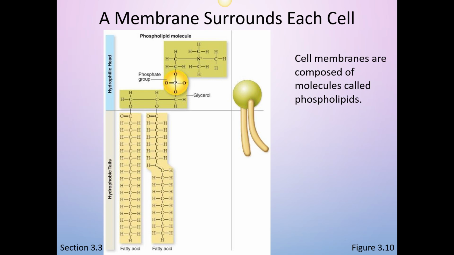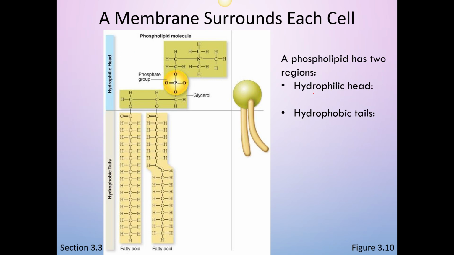So just a review of what the phospholipid is from last week's lecture. A phospholipid has this phosphate head that is hydrophilic, or water-loving, and lipid tails that are hydrophobic, or water-fearing.